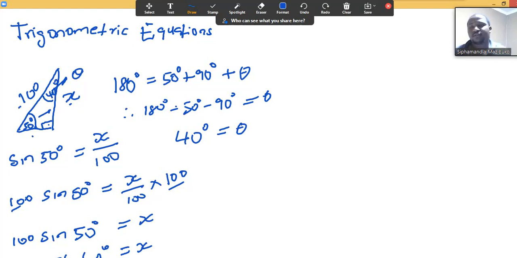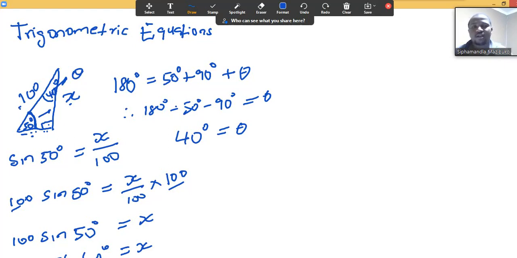You can still use this angle 50 to find the side, because standing at angle 50, this side would be our adjacent over hypotenuse.